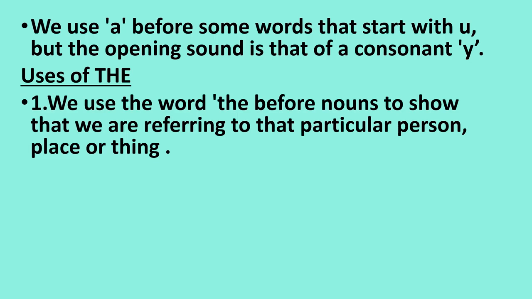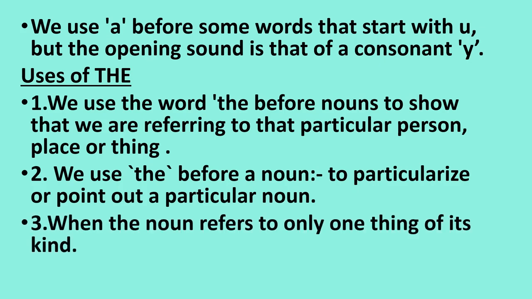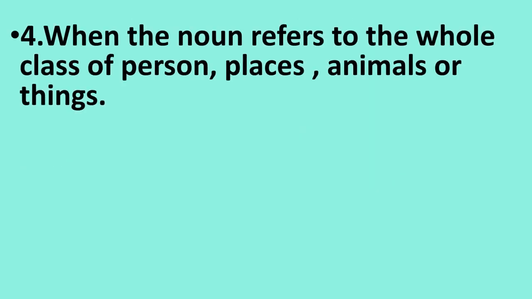We use the word "the" before nouns to show that we are referring to that particular person, place, or thing. We use "the" before a noun to particularize or point out a particular noun. When the noun refers to only one thing of its kind. When the noun refers to the whole class of persons, places, animals, or things.